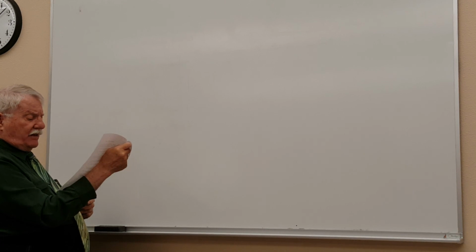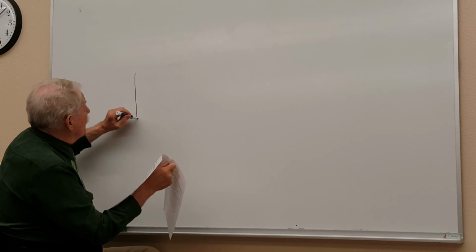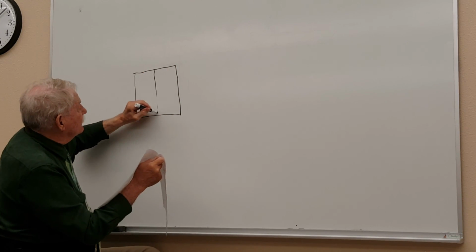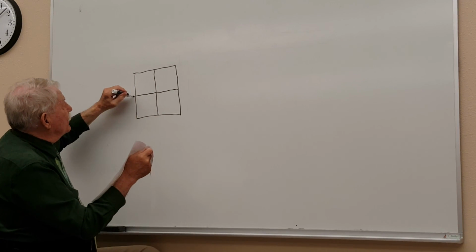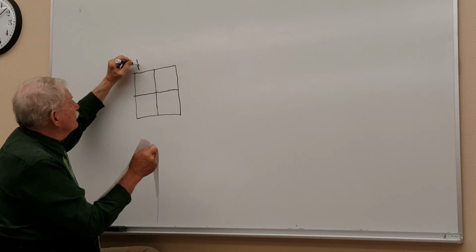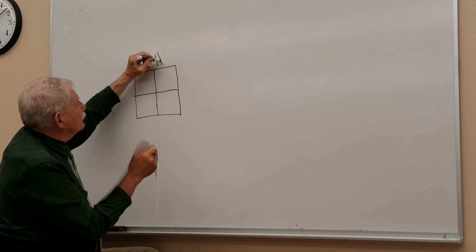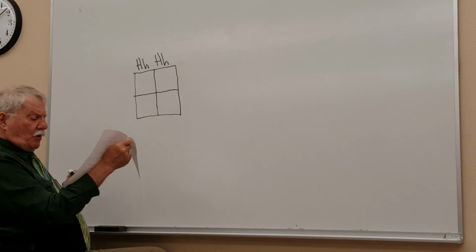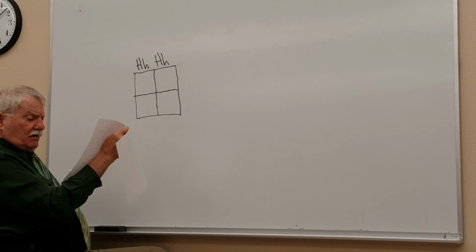Two heterozygous polled Herefords. So if they're polled, you have to be told that they're heterozygous, because otherwise you wouldn't know, would you? So they're heterozygous polled, are crossed. Two heterozygous polled are crossed.